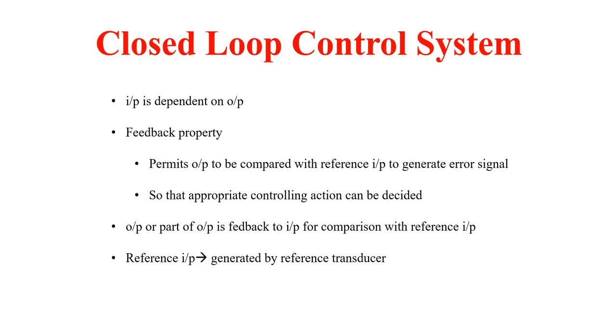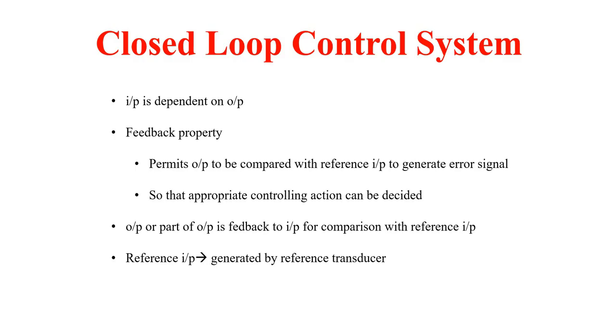Now, to have the dependence of the input on the output, such a system uses the feedback property. This feedback property permits the output to be compared with the reference input in order to generate the error signal, based on which the appropriate controlling action can be decided.